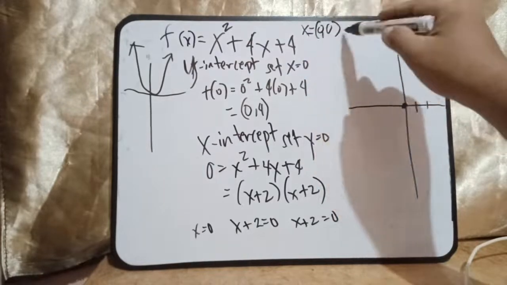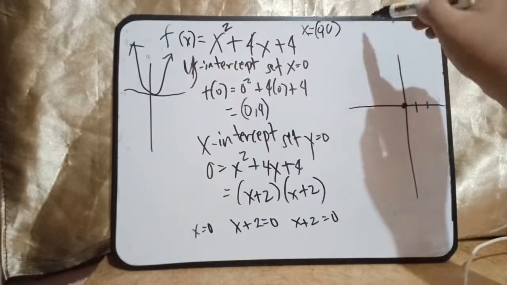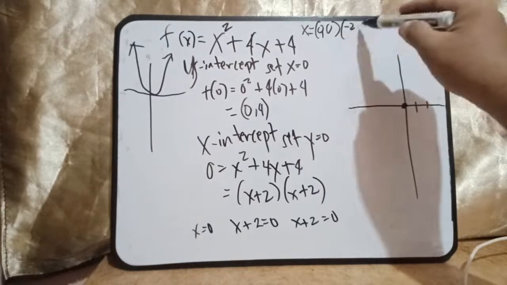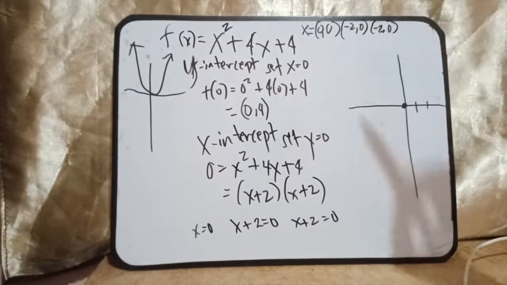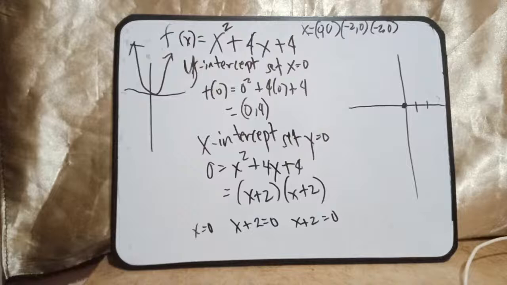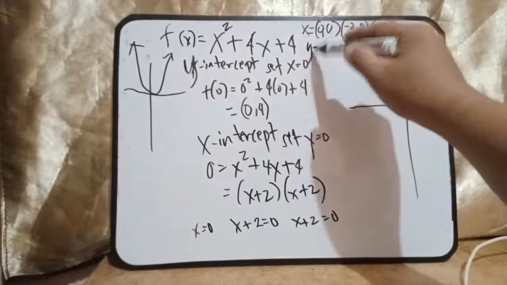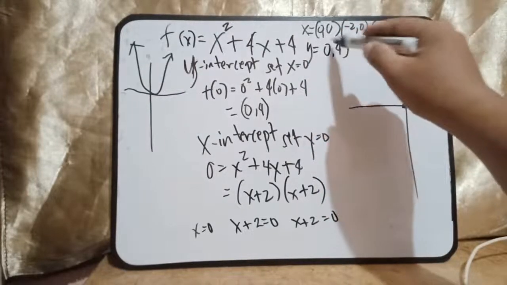And then negative 2, 0, and then negative 2, 0. Dalawa yung negative 2 natin. Then for y, we have 0 and then 4.